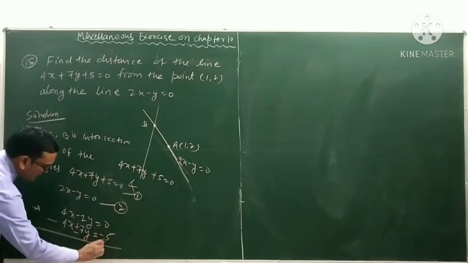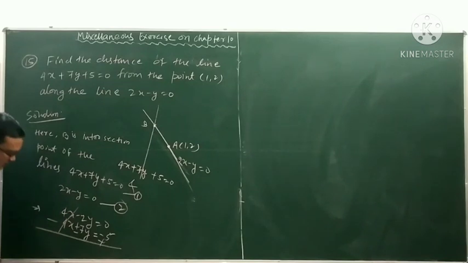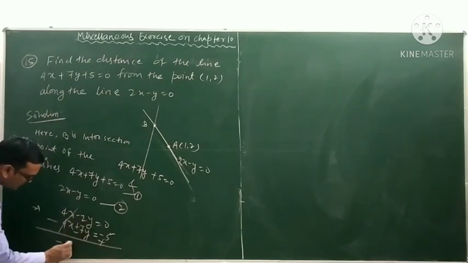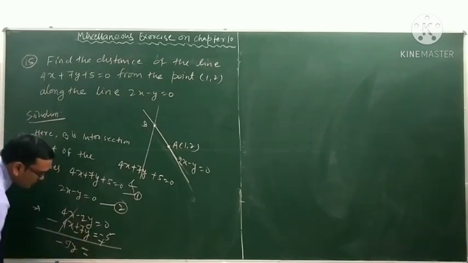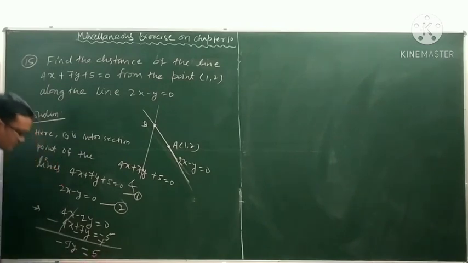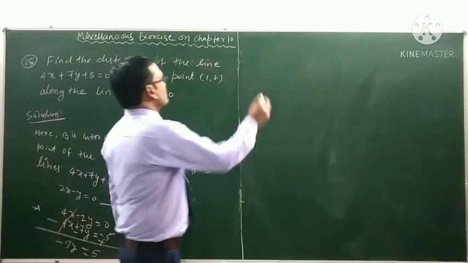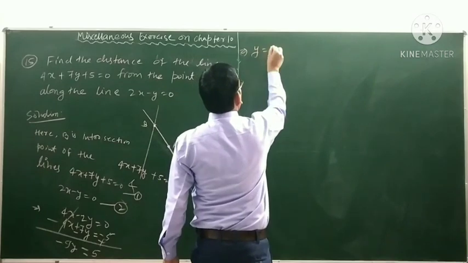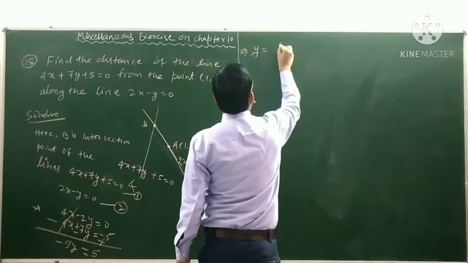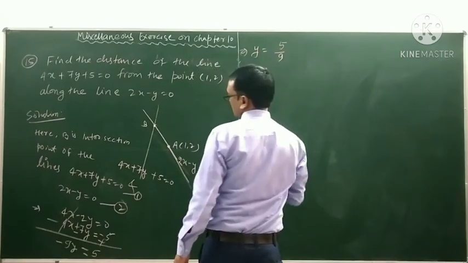Subtracting, the 4x terms cancel, and we get 9y equal to minus 5... so y equals 5 by 9.